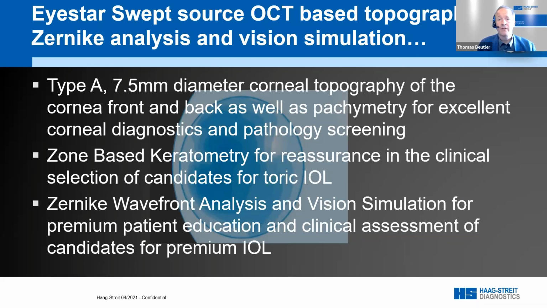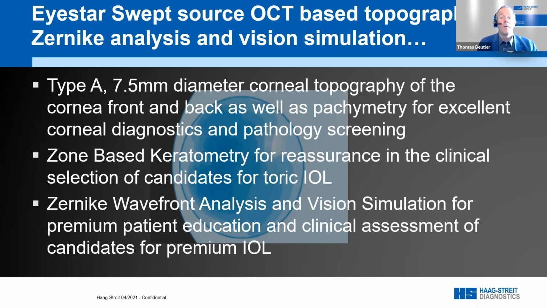We have the zone-based keratometry for reassurance and double checking of the reflective keratometry. We have then a double check and certainty that everything is right. And we have the Zernike wavefront to educate the patient what effect is based on what vision imperfection of the cornea, and therefore the right choice of implant can be made.